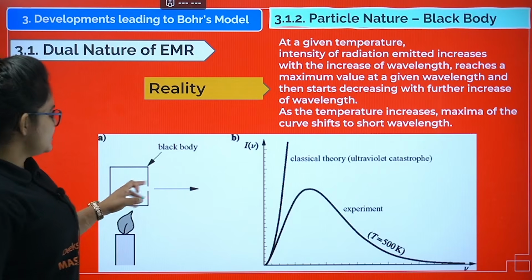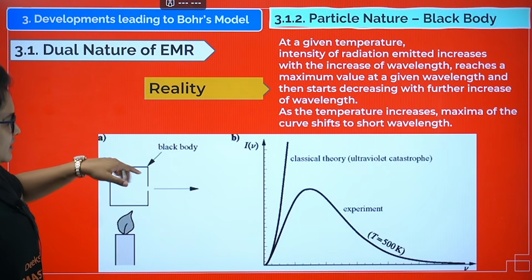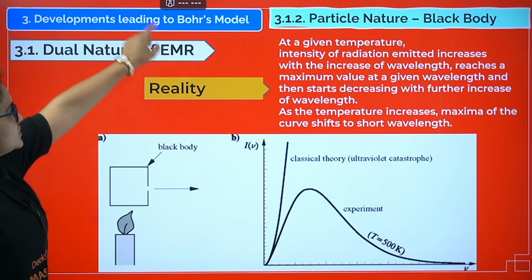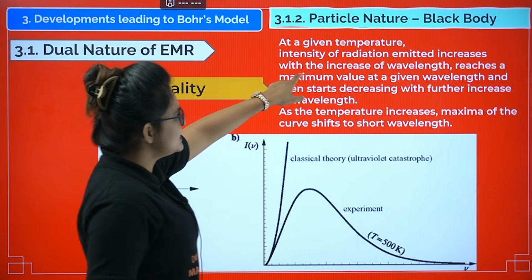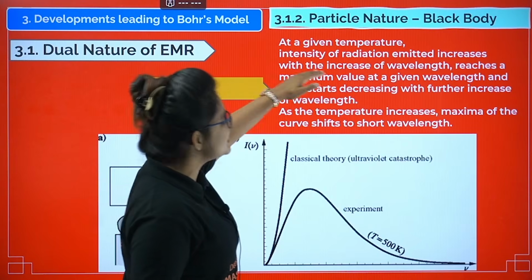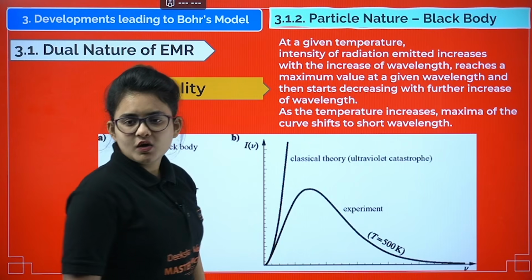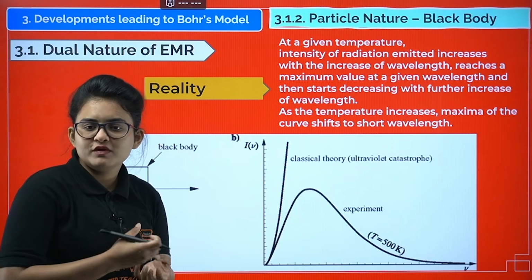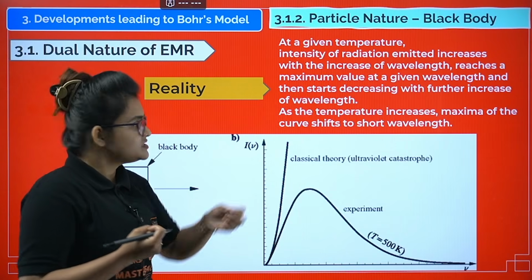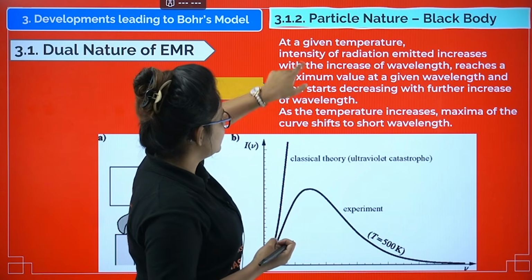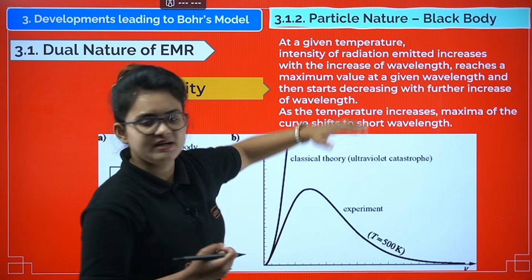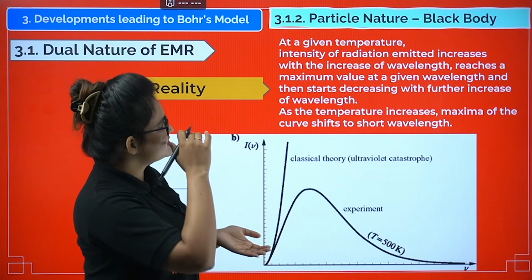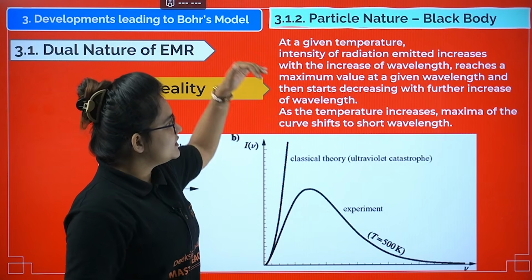Here comes the nature of intensity with respect to temperature. At a given temperature, the intensity of the radiation emitted increases with the increase in wavelength, reaches a maximum at the peak, and then starts decreasing with further increase in wavelength.